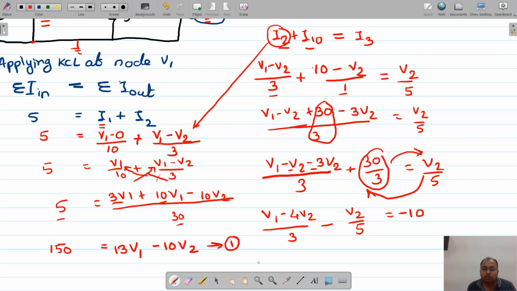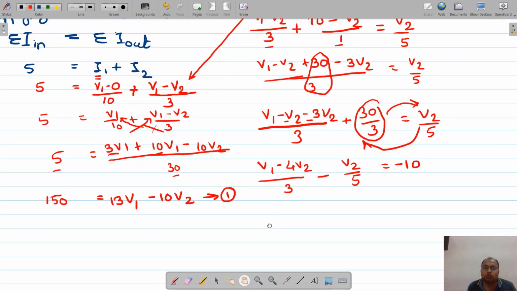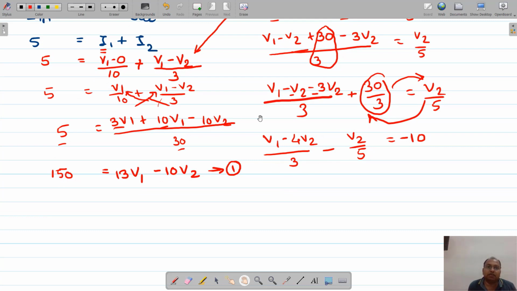Okay, now again let us make the denominator common to do the simplification in this particular equation, right? So let us multiply by 5. 5v1 minus 4v2 minus 3v2 divided by 3, 5s are 15, isn't it? Sorry, not 150, it is 15.